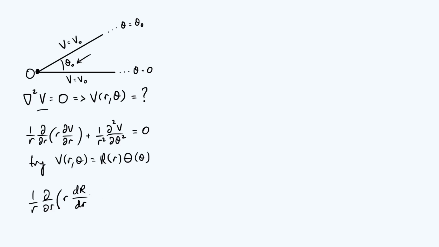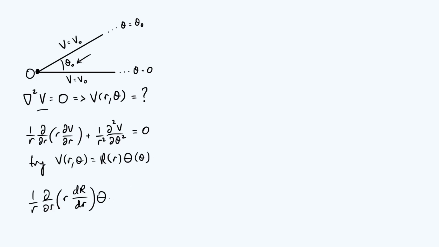And then there's a Theta which hasn't been differentiated, because we're just partially differentiating with respect to r. But we may as well put that outside the brackets because differentiating capital Theta with respect to r doesn't do anything.